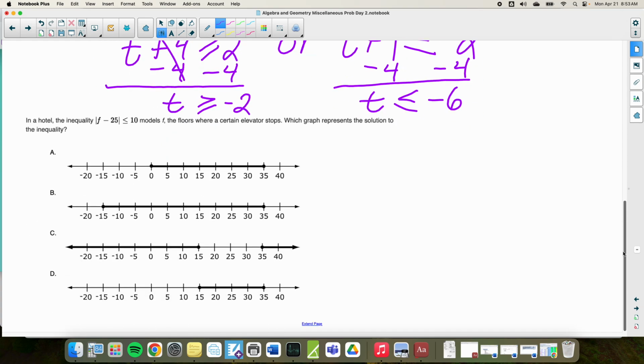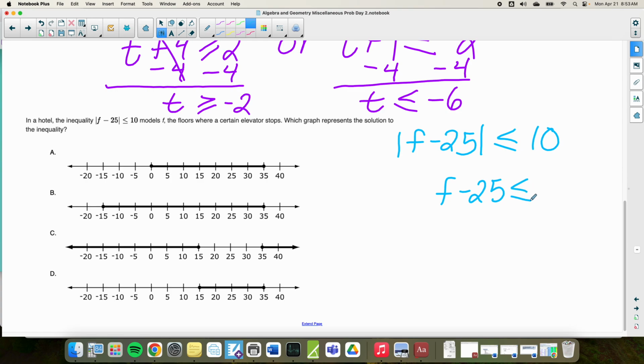Okay? Then if I look at this one, this is the one that I said I would have taught a little bit different. It's F minus 25 in absolute value is less than or equal to 10. When it's greater than or equal to, you have the or. When it's less than, that's when you put this in the middle.